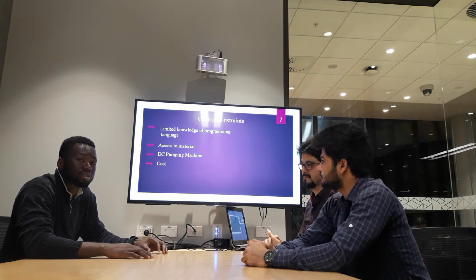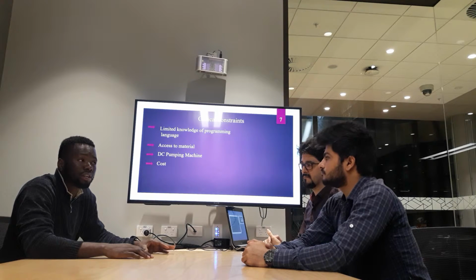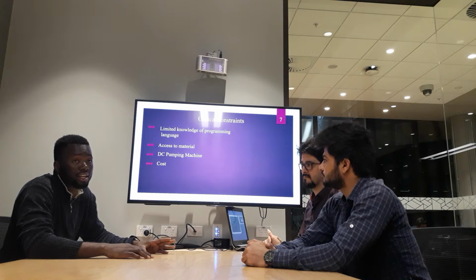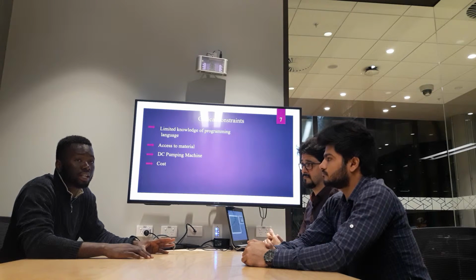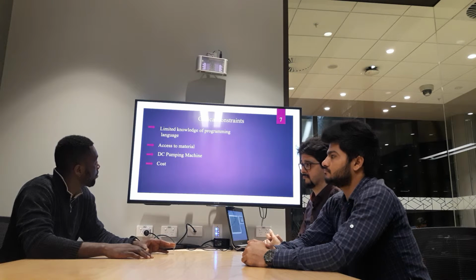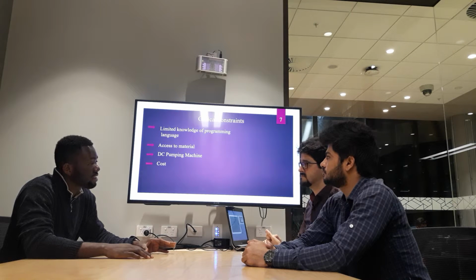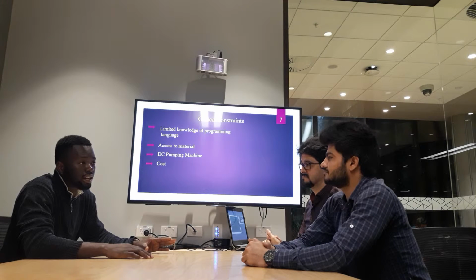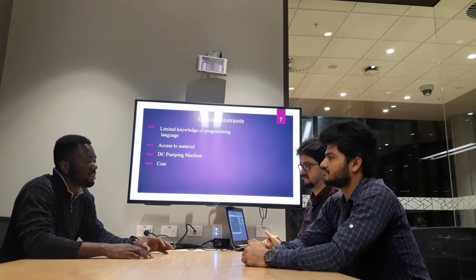Then access to materials: we couldn't locate some of the materials in Australia, so we had to order them, and some of them we haven't received up to now. The cost is another constraint. We are students and we can't afford an exorbitant amount of money to achieve this project.